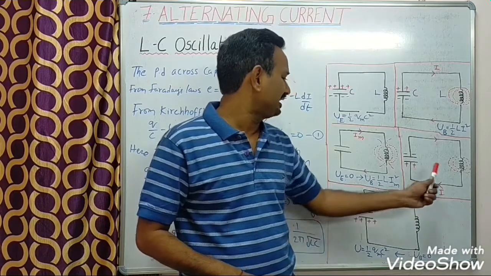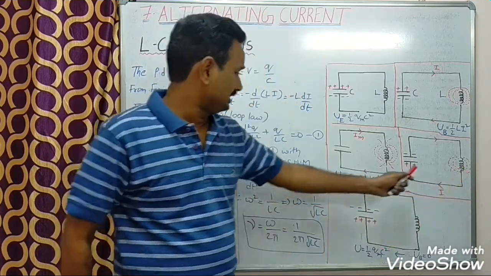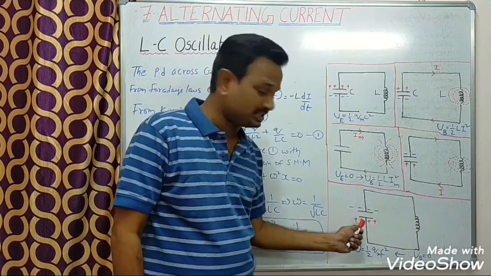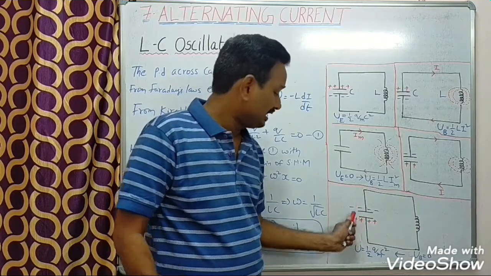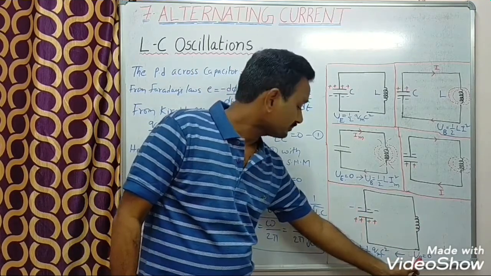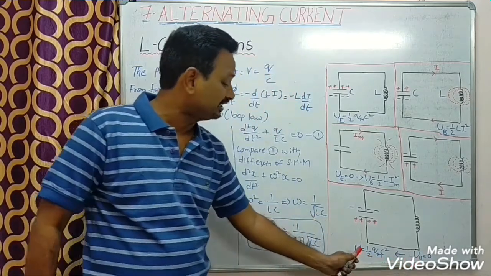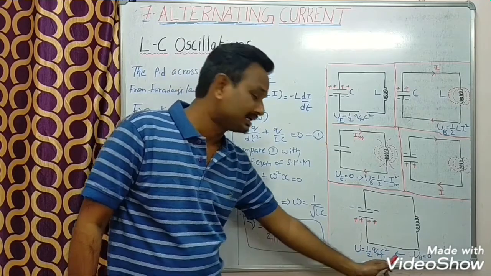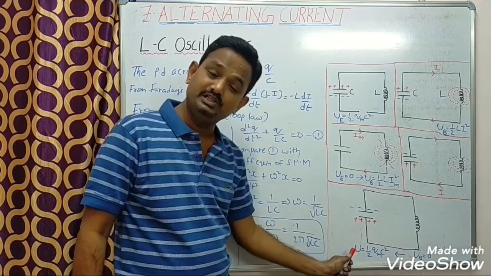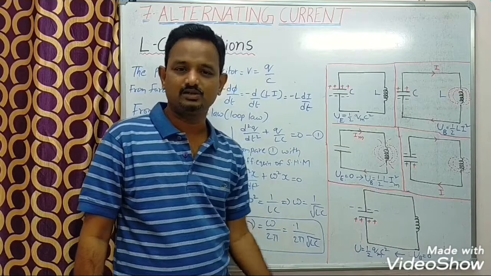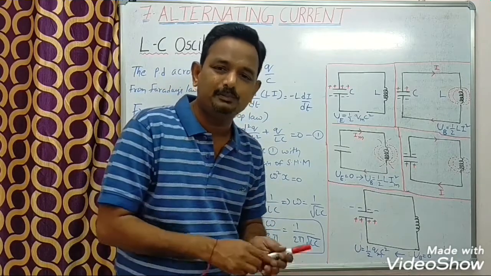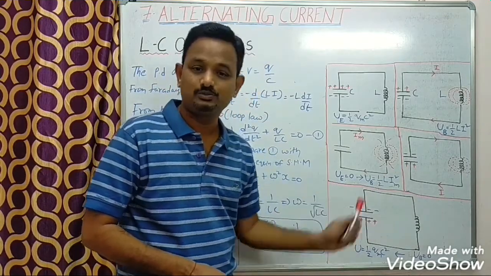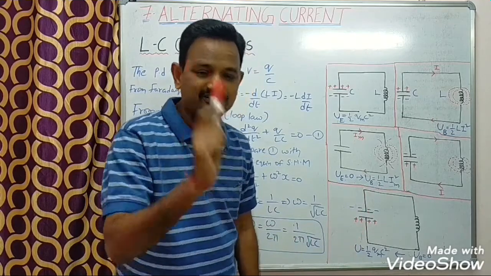See once again here, whenever the capacitor is completely charged, the magnetic energy is completely converted into electrical energy. So this process is repeated between L and C.